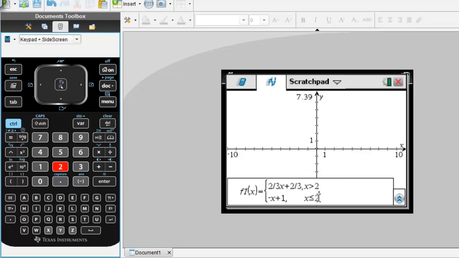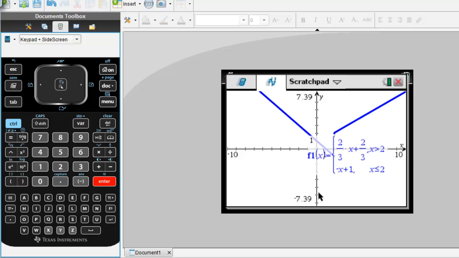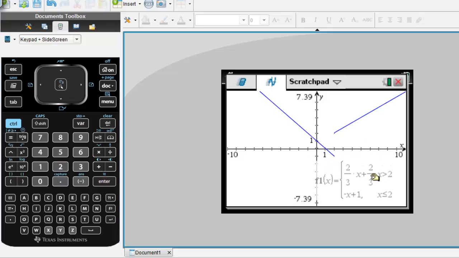Now that I have both my parts in there, I just simply hit enter, and you can see the piecewise function, and it looks very similar to what we have on our graph. The only problem that you're going to find here is that it does not do an open and closed circle for you, so you're going to have to be aware of what that is, but at least it gives you a representation of the two parts of the graph. So that's your introduction to graphing piecewise functions. We'll look at a special case in the next video.